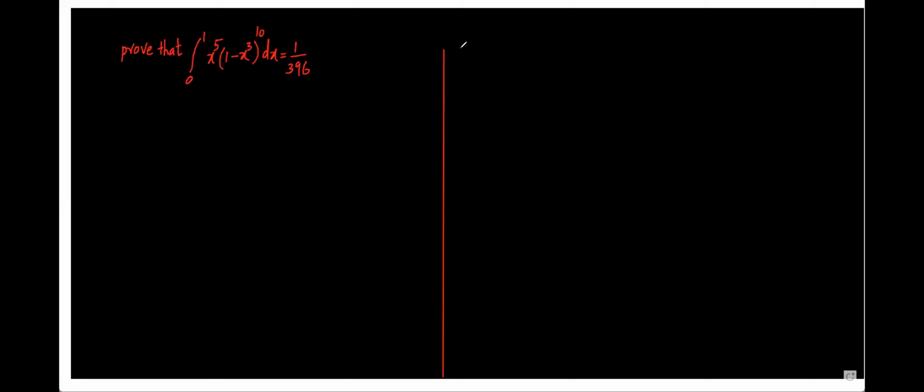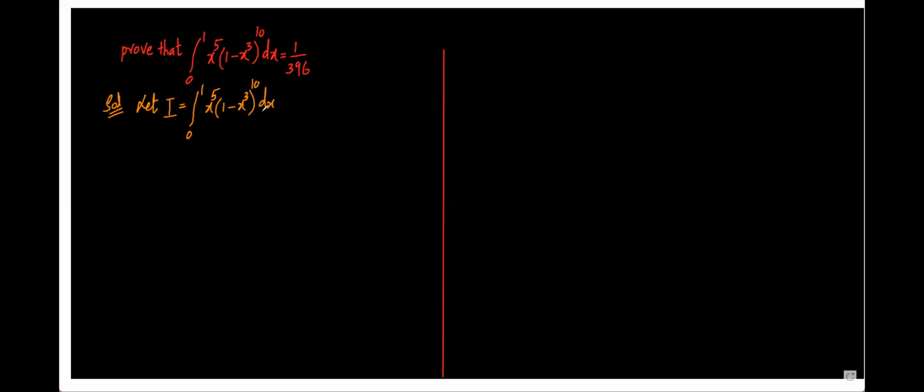Okay, I am writing the solution of this problem now. Solution. In this type of definite integral problems, always we should start our work. Let us assume that this value is equal to I, which is integral 0 to 1 x power 5 into (1 minus x cubed) whole to the power of 10 into dx.